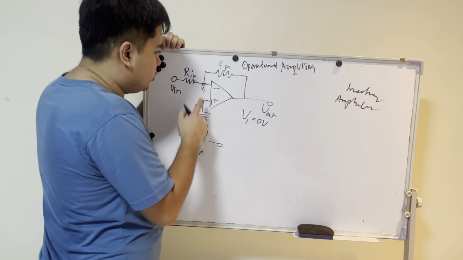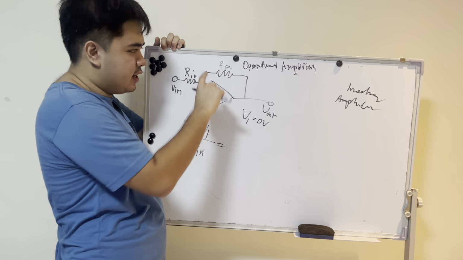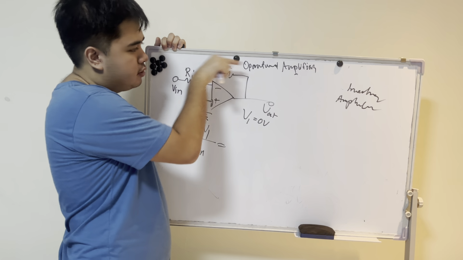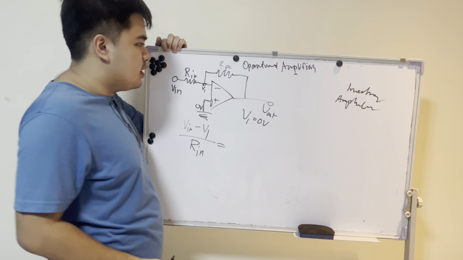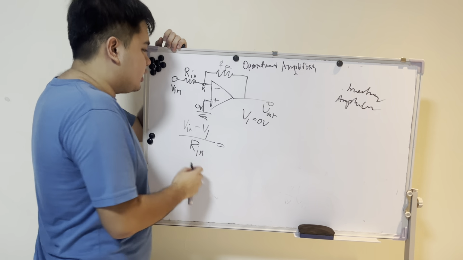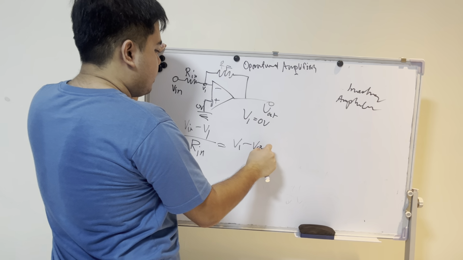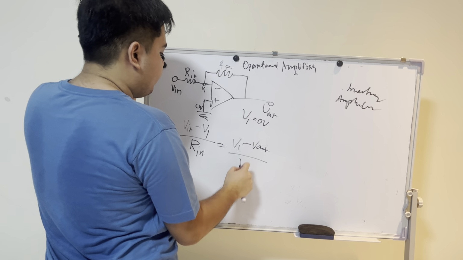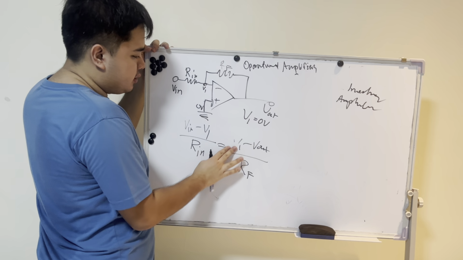So the current going here, and since there's no current going here, Kirchhoff's current law says that all the current must go to there. So the current going here and the current going here are the same thing. So let's start calculating it. It's V1 minus V out over RF. And again, V1 is 0, so just remove that.